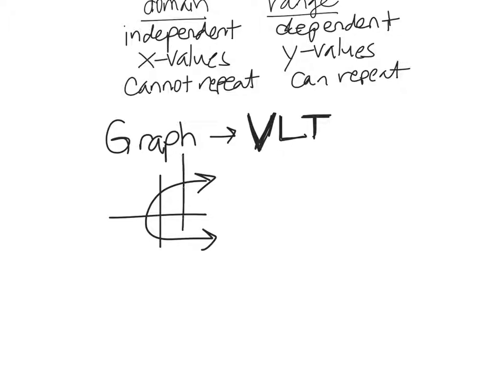If I were to draw a vertical line on the graph anywhere I want, it will touch 2 points. What that means is whatever this x is, let's say this x is 2. And I'm getting x is 2, y is 4, or -4. Am I allowed to put something in as 2 and get 2 things out? No. Okay, that's why the vertical line test is so nice. You don't have to think about what's going on. You just do a vertical line test in your head, and you got the answer.